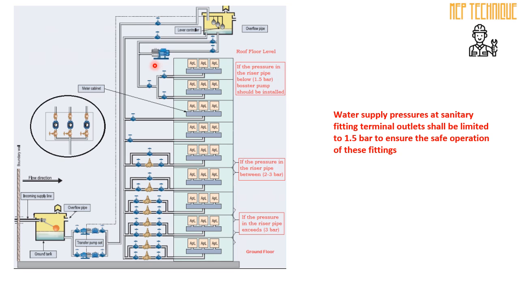The booster pump will increase the pressure to the required level. Then here you can see all the water has been supplied by gravity pressure, and there are some PRVs installed on the line. PRV means pressure relief valve. What is the use of a pressure relief valve?